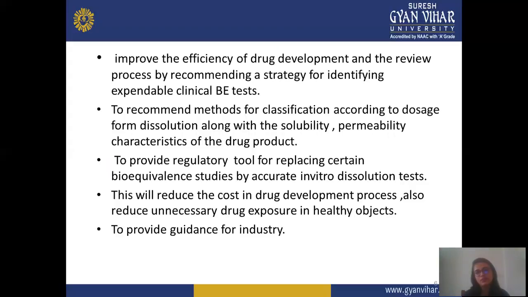Next, improve the efficacy of drug development and the review process by recommending a strategy for identifying expenditure, clinical bioavailability and bioequivalence tests. In this, you can also improve the efficacy of the drug, and you may enhance the bioavailability or bioequivalence of the drug. And recommend method classification according to dosage form, dissolution along with solubility and permeability characteristics of the product.